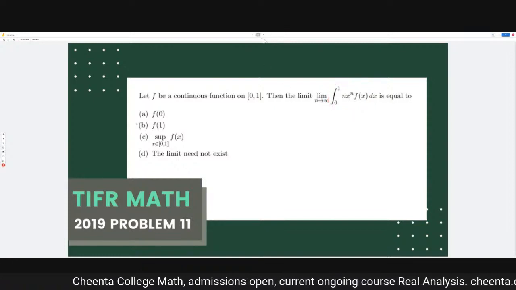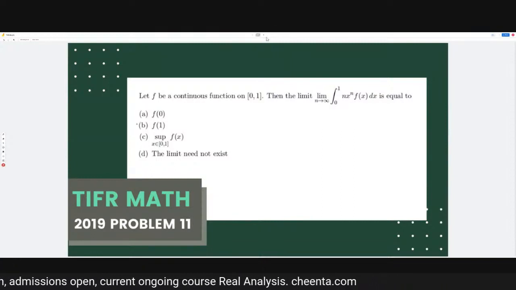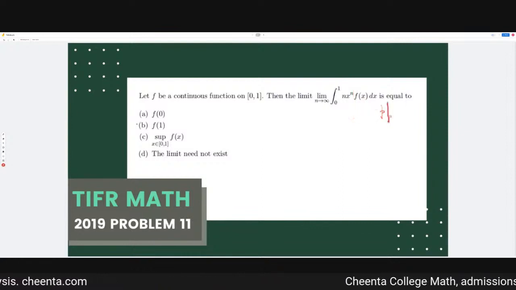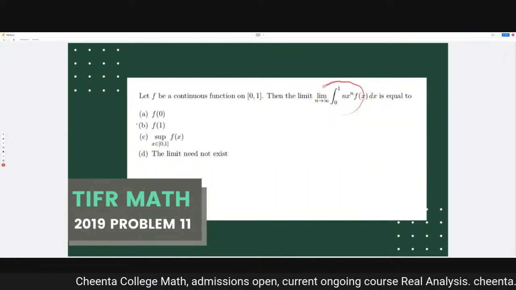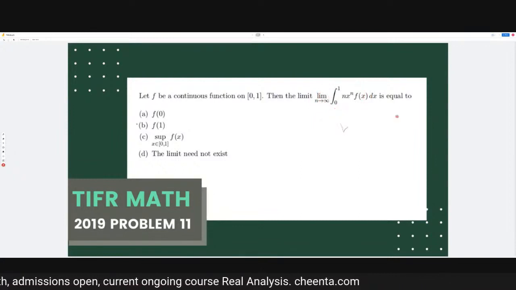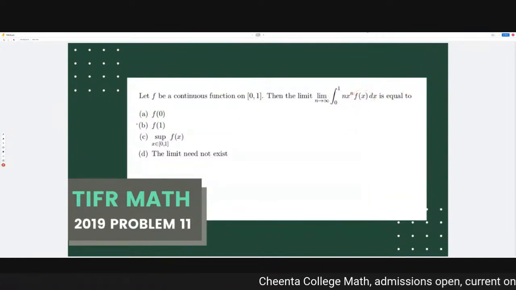Let's call that polynomial p. Since I know that there exists a polynomial p such that |f minus p| is always less than epsilon, this integral, after the limit n tending to infinity, will converge to wherever it converges when I take f(x) to be a polynomial.